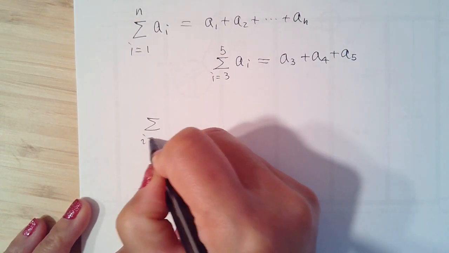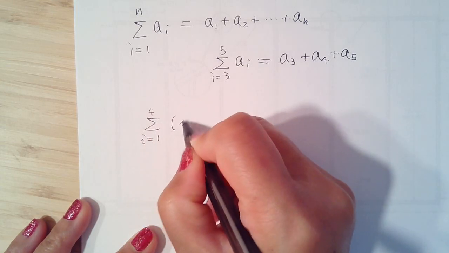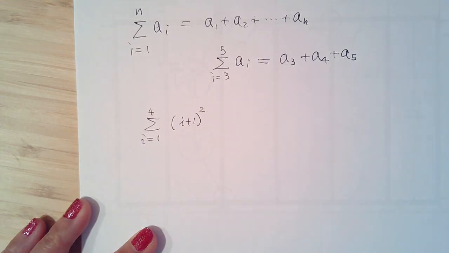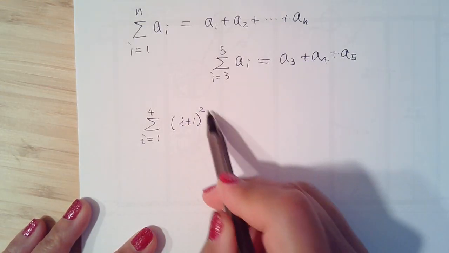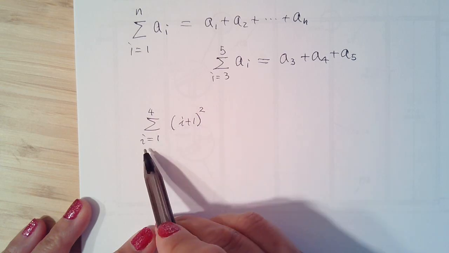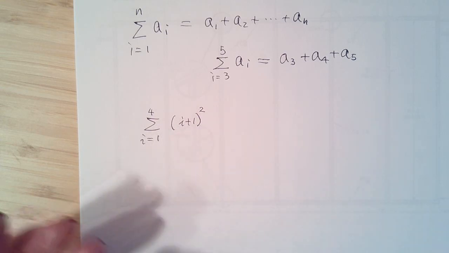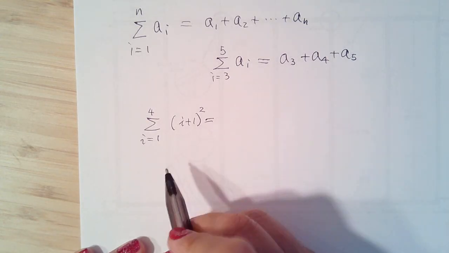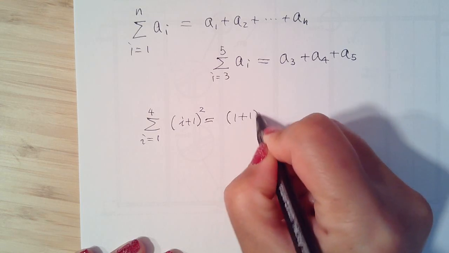So sum from i equals 1 to 4 of (i plus 1) squared. This is the term, the a_i term, and then we're going to have i go from 1 to 4. So it should be 1, 2, 3, 4. You can count. There should be 4 terms. For the first term, i equals 1, so that is (1 plus 1) squared.